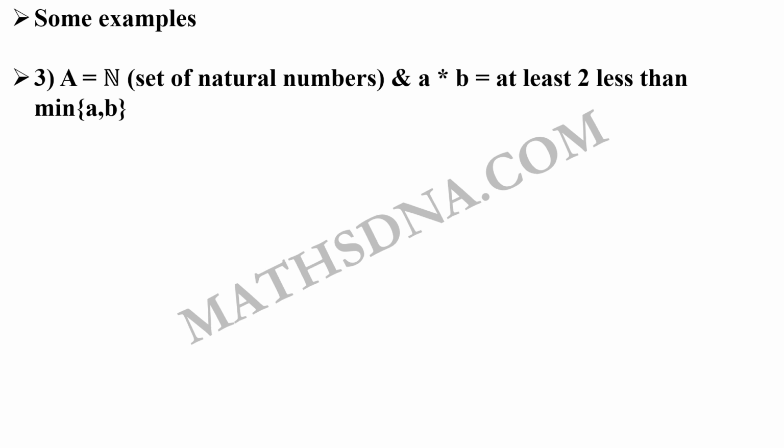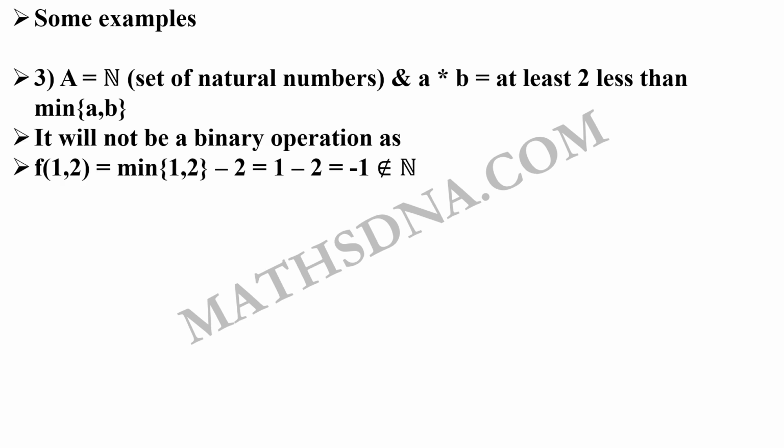Take A equal to the set of natural numbers, and a star b is defined as minimum of a and b minus 2. Let me give you an example to solve this. It will not be a binary operation. How? Consider f of (1, 2). f of (1, 2) will be equal to minimum of 1 and 2 minus 2.